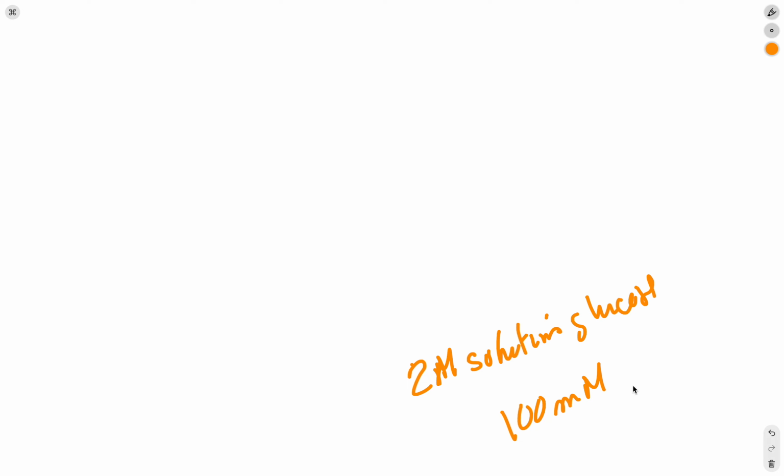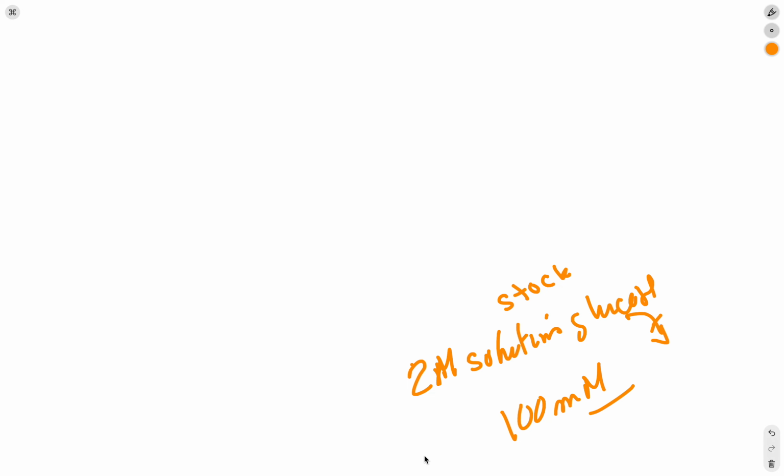And so let's just say that we start out with a 2 molar solution of glucose, and we want 100 millimolar. So we have a working stock of 2 molar solution, and we want to dilute it down to 100 millimolar.